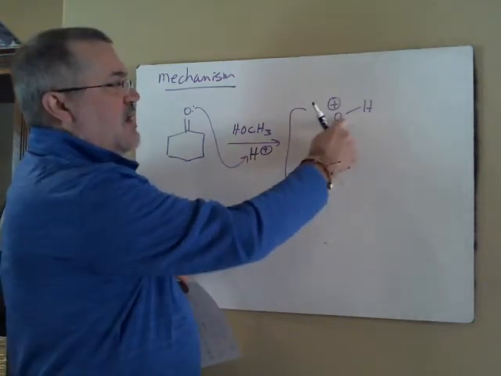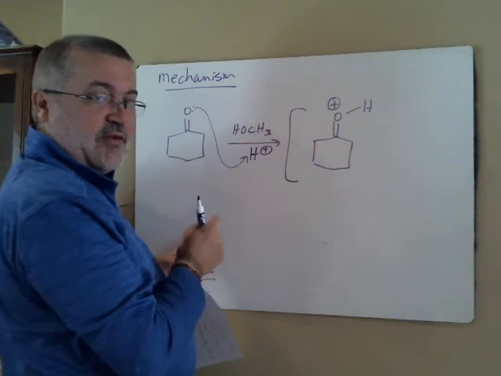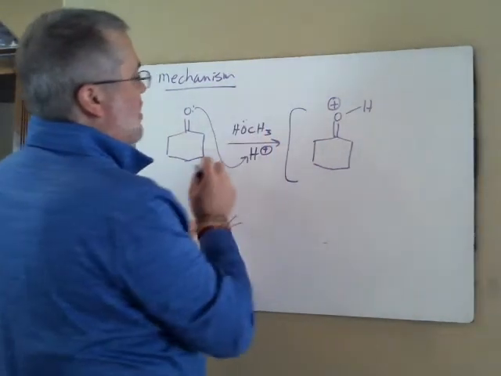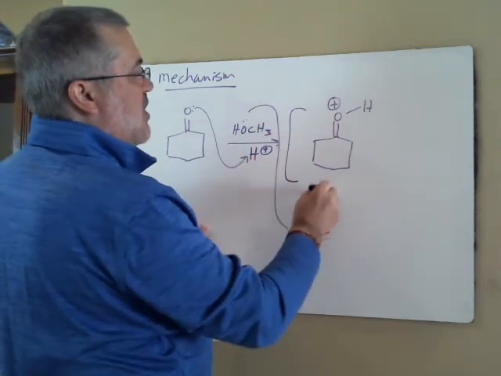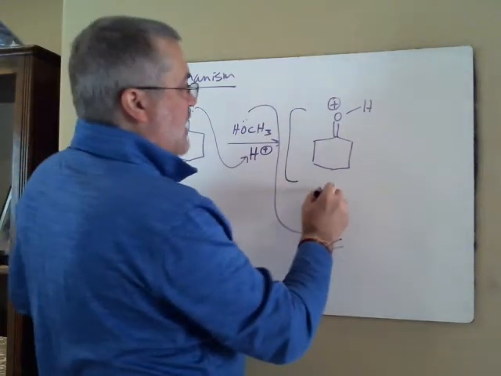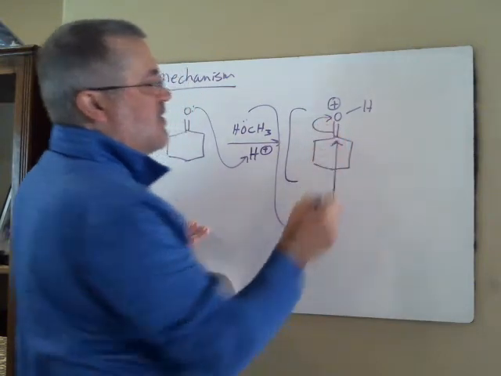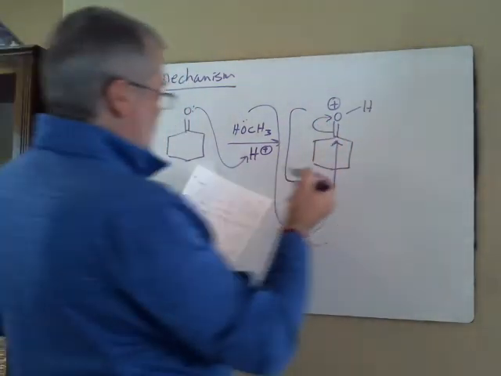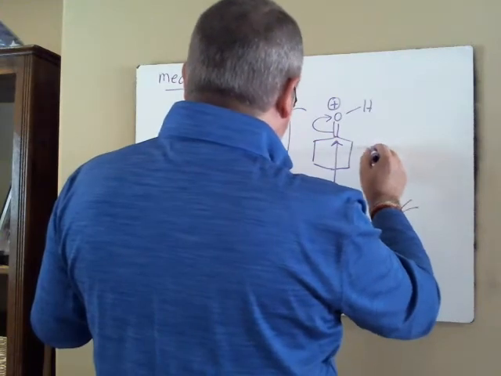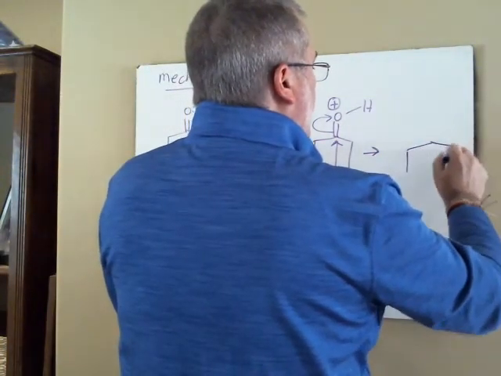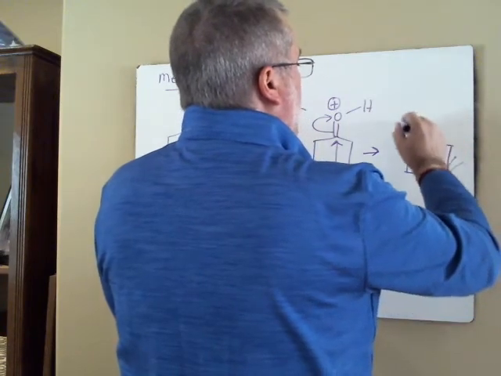By protonating this oxygen, it's become more electronegative. Then I'm able to take my alcohol, in this case methanol, which reacts with the electrophilic carbon of the carbonyl, breaks the pi bond, and moves the electrons out to the oxygen, forming the tetrahedral intermediate.